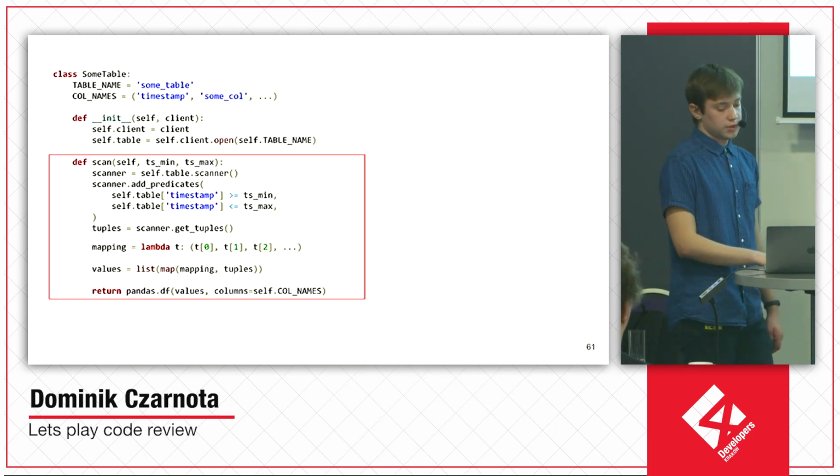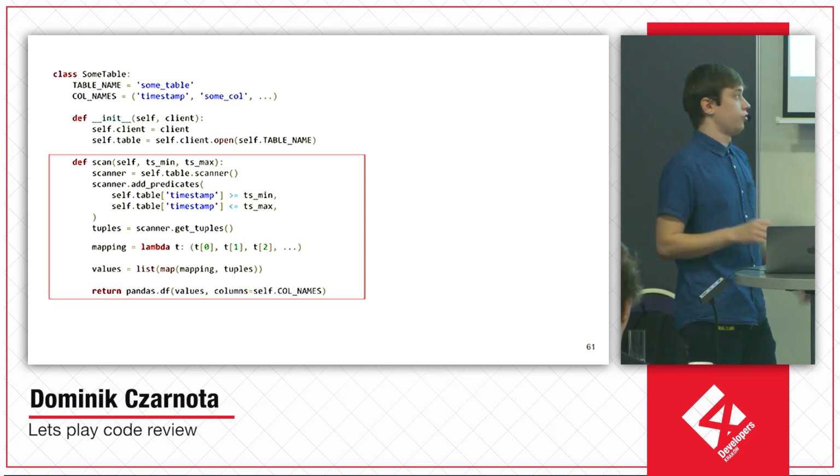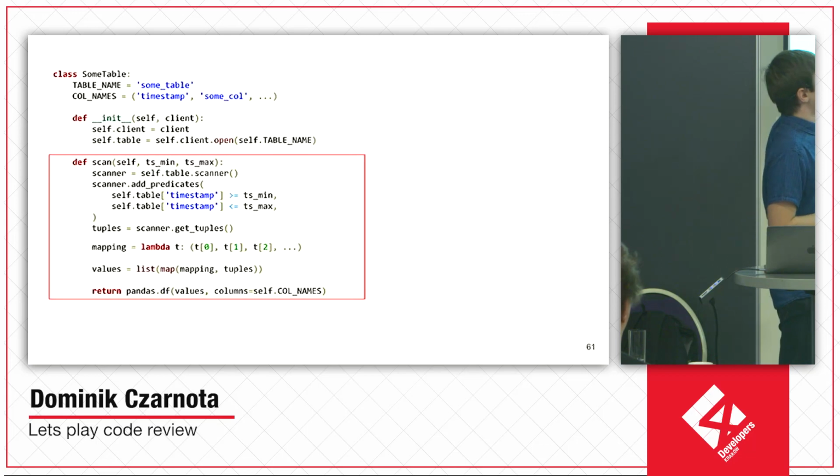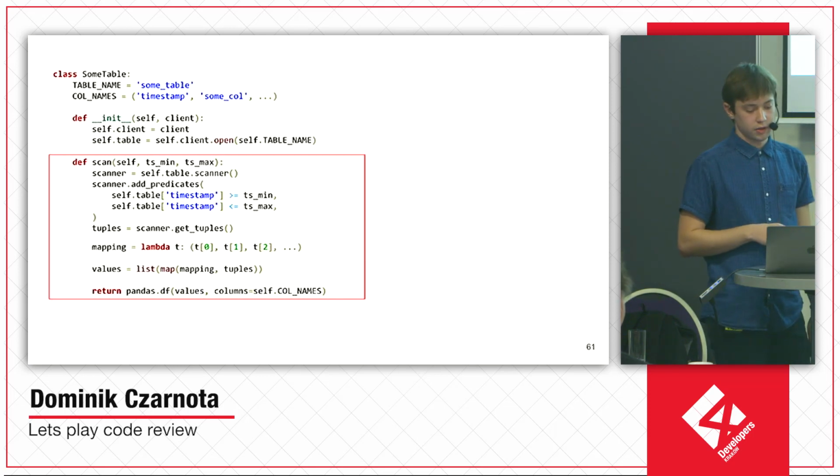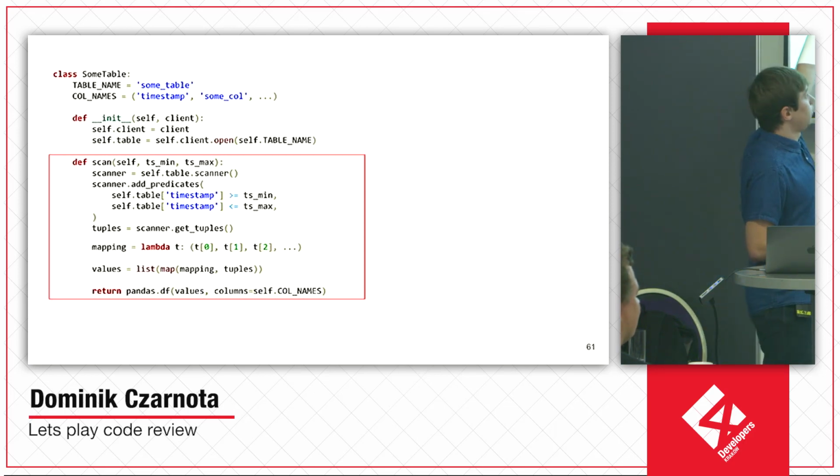And the column objects for this table are retrieved by self.table and getting, I think, a kind of index, getting item of the table thing. Then you retrieve the tuples, and then you can map them into a pandas data frame.